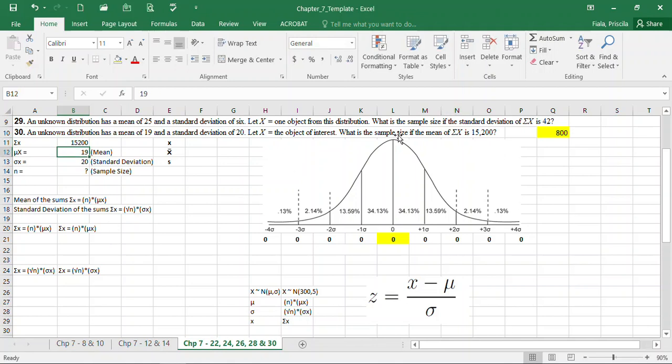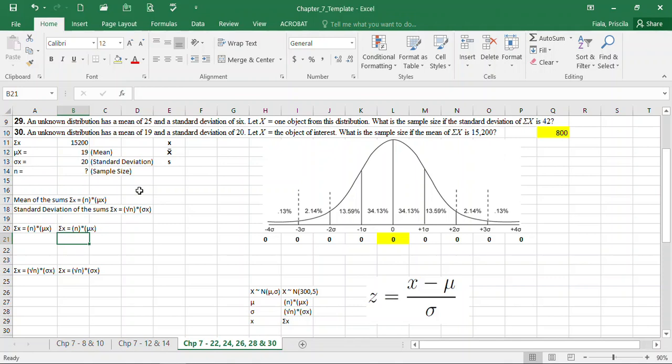It's asking what the sample size is if the mean of the sums, this whole formula right here, is 15,200. Therefore, we have every value but the sample size, so we're going to be solving for n. Let's solve that.